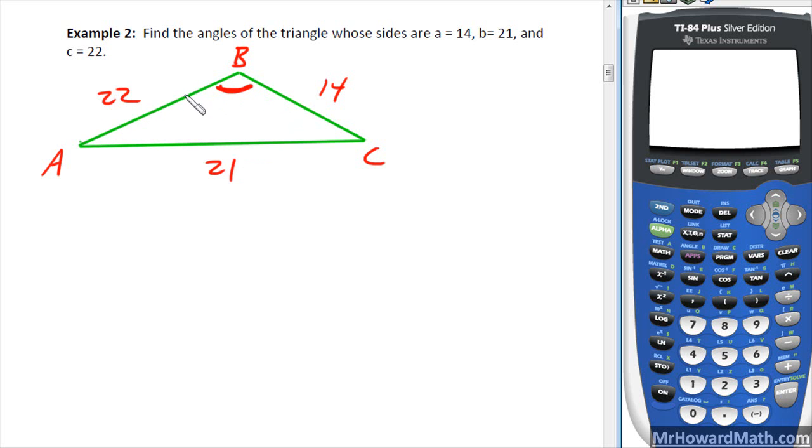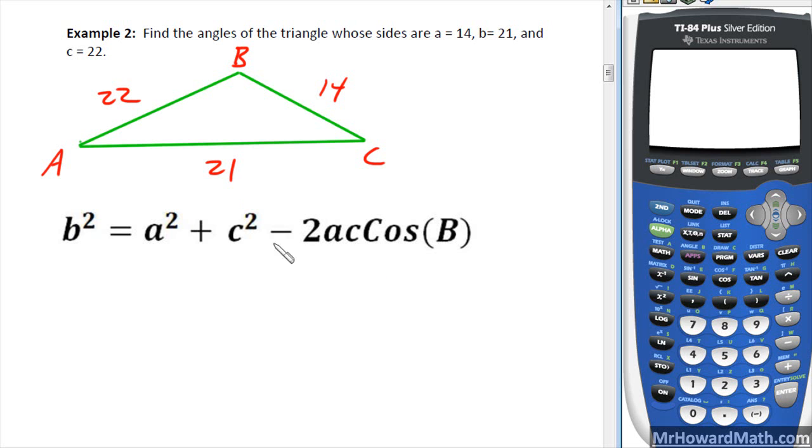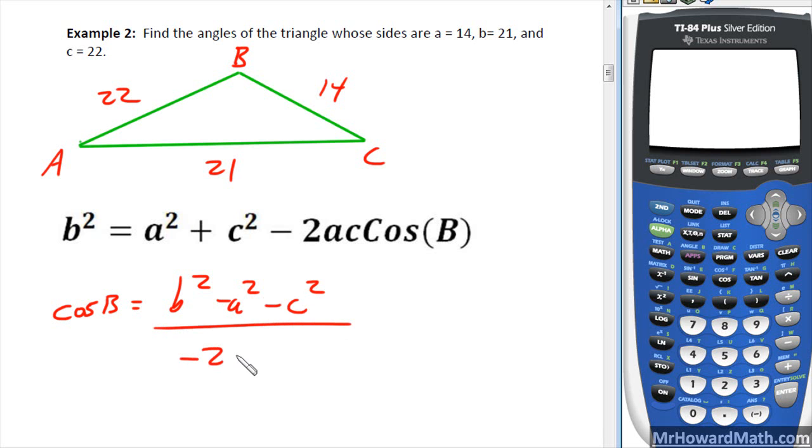I'm using angle B here because I have the formula for it. If you notice, we have cosine of B in the formula here in the cosine law. So I'm just going to rearrange and isolate cosine B. So it becomes cosine B is equal to B squared minus A squared minus C squared all over negative 2AC.